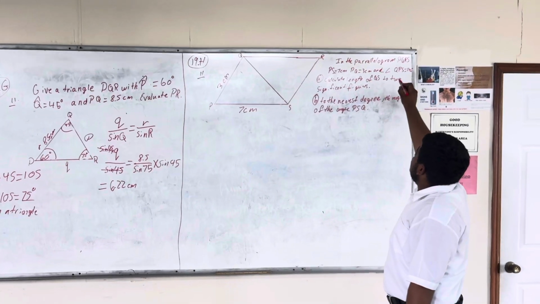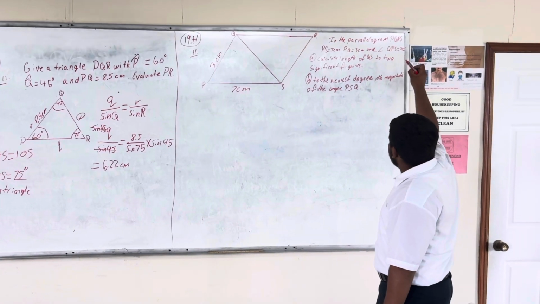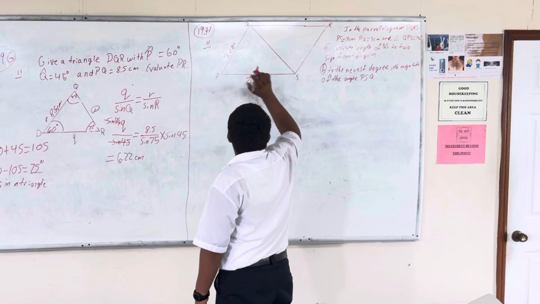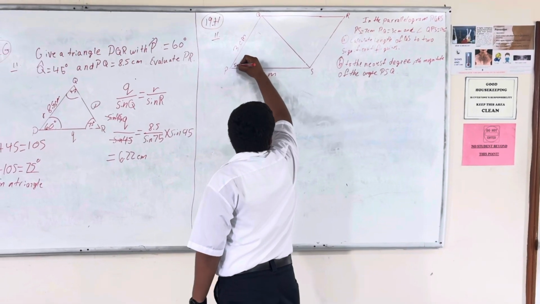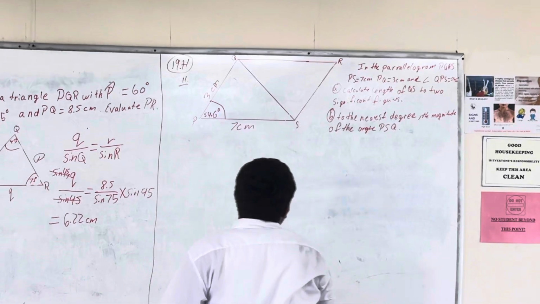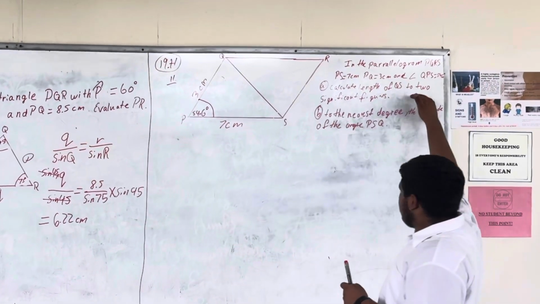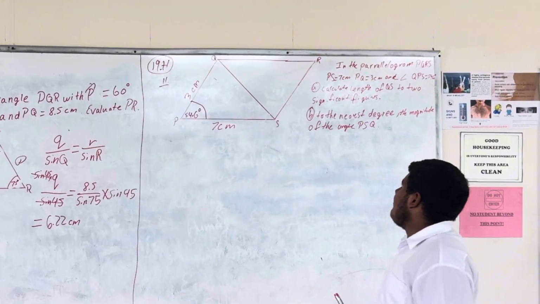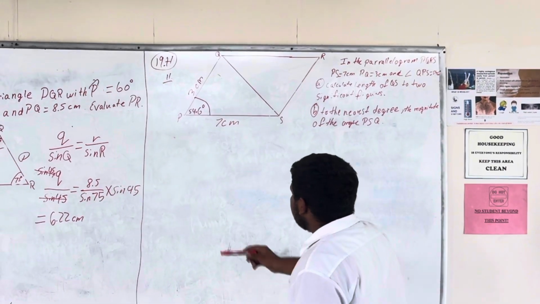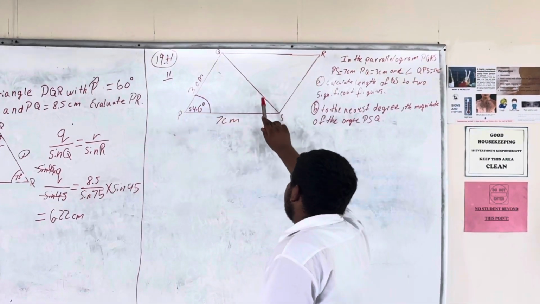And angle QPS is equal to 54.6 degrees. Now I have two parts, part A and part B. Part A is calculate the length of QS to two significant figures. QS is this length right here.